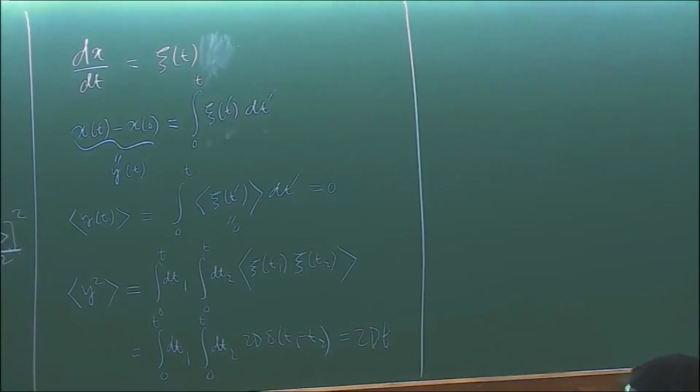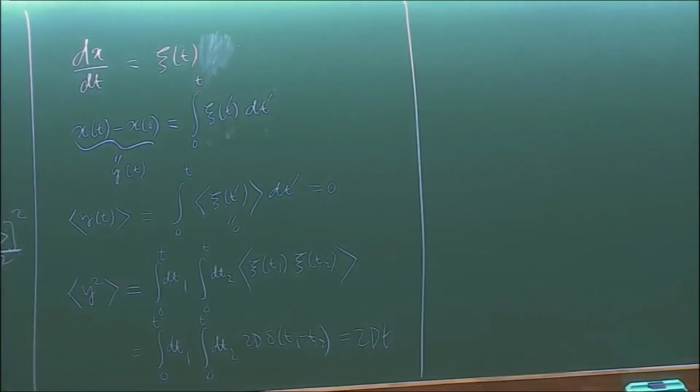So let's look at one more way. Remember that this is just a classical problem. It's just a classical particle, but there's this noise, and this noise is basically hitting this particle.